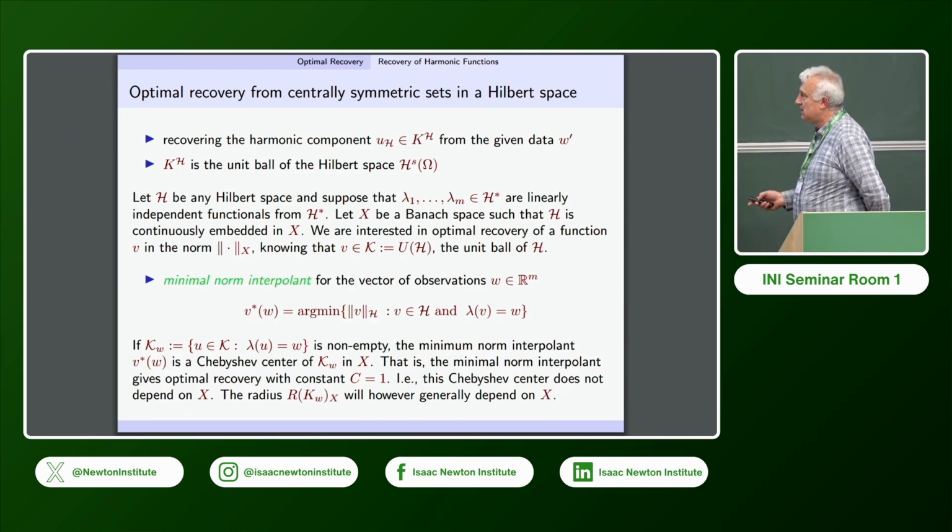Which means that if we know it exactly, we can calculate exactly what this minimum is, and we'll have the optimal recovery with C equals 1.